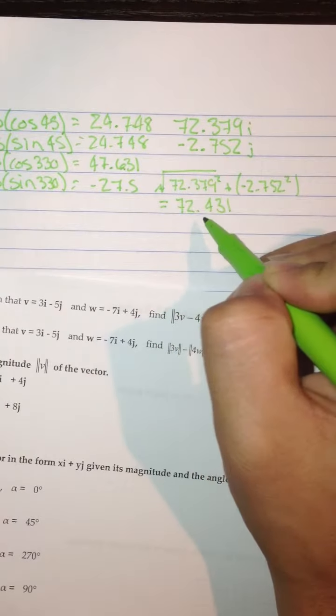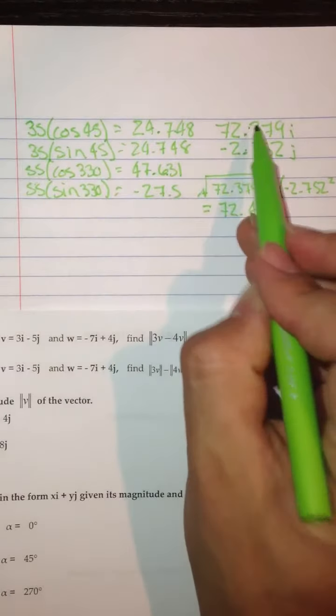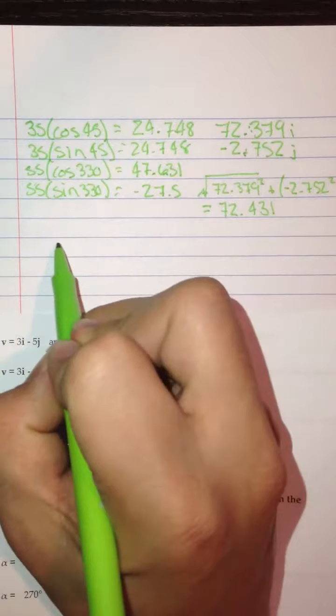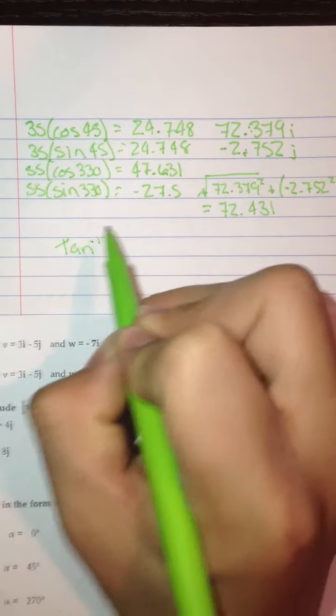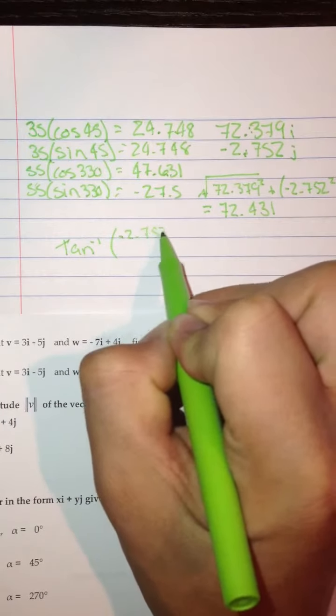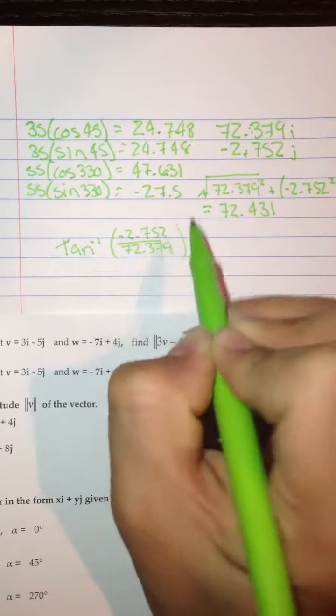That's the length. And to find the angle, what you have to do is use these two numbers, and what you would do is put them in tan. So the inverse of tan of negative 2.752 and 72.379.